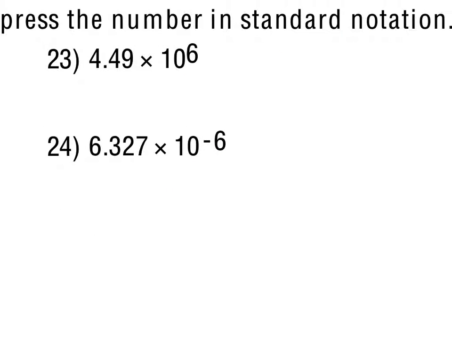Looking at 23 and 24, we're looking to change the numbers from scientific notation to standard notation. So with 23, it's going to be a big number. Of course, it starts with the 449. Since it has a 10 to the 6th power, it will be a 7-digit number. Well, I already have 3 digits, so I just need 4 more.